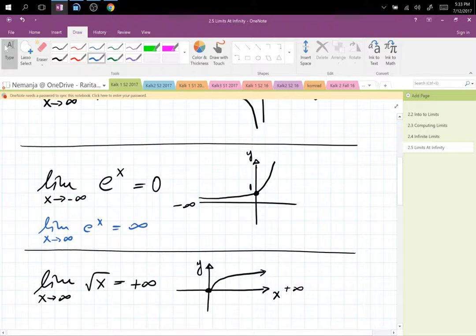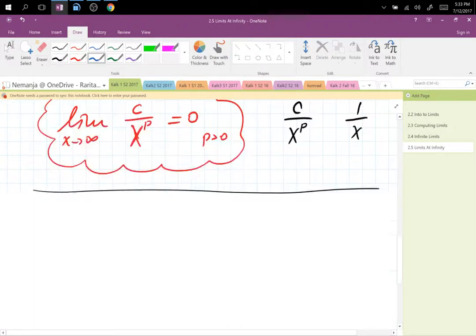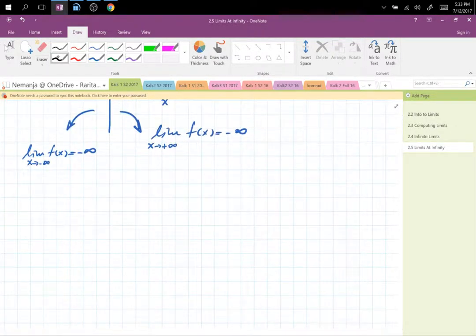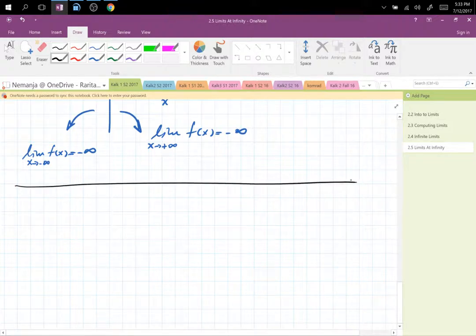As I went to positive infinity for e to the x, we got positive infinity, and that's the behavior from the chart. So these are the rest of the concepts from your pre-calculus class that were defined, but now we are redefining those concepts through the use of a limit to be able to do a much broader spectrum of problems.